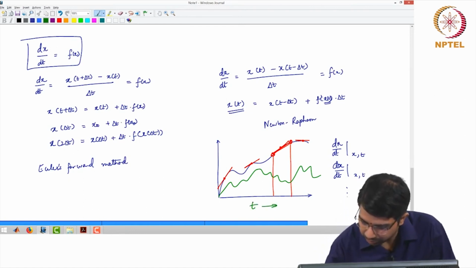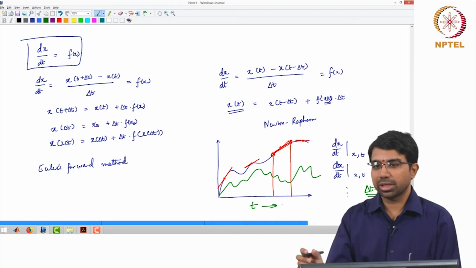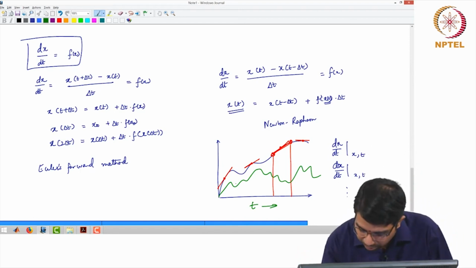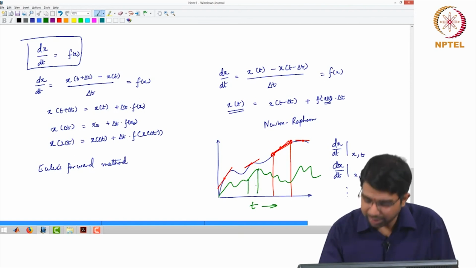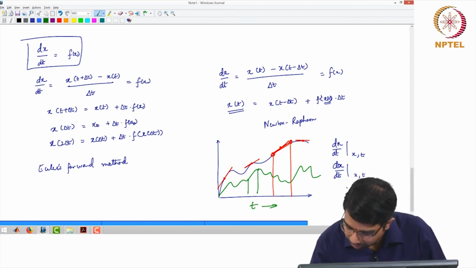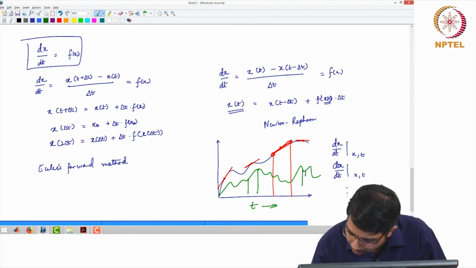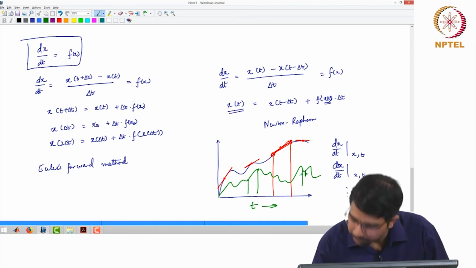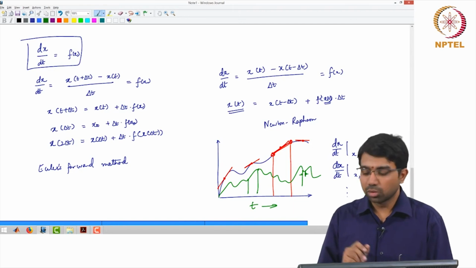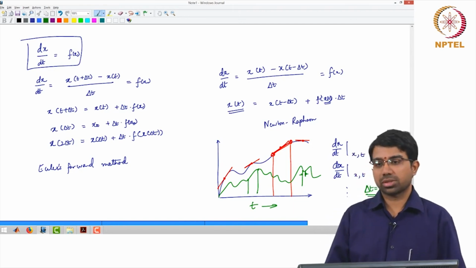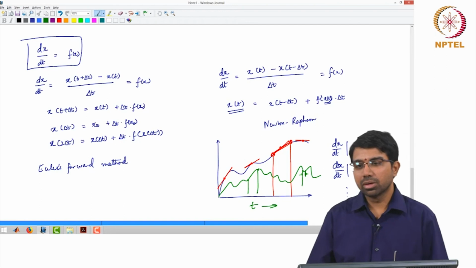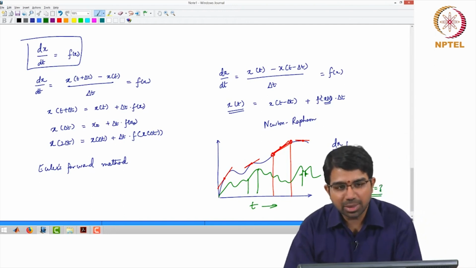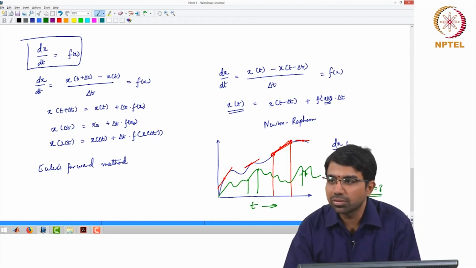This is your t. What is the time step that you take? At this point you can afford taking a nice time step, at this point you can only take this much of a time step, and a good adaptive solver will choose your delta t. We will look at more of this during the lab session, because it will give you a better picture of why we need to go adaptive and things like that.